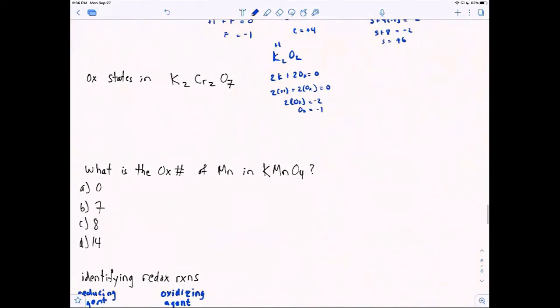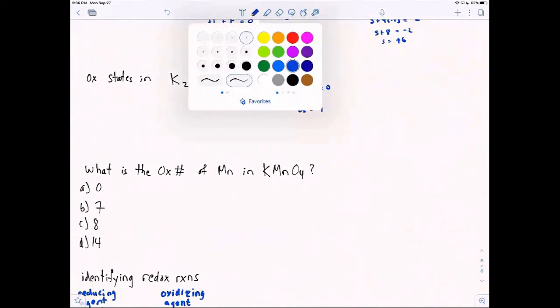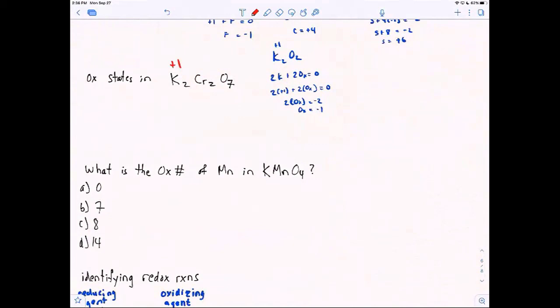All right, so oxidation states in potassium dichromate. So this is a neutral unit, and you can start assigning states here. So potassium, I'll change colors. Potassium is going to be +1, and oxygen tends to be -2. So the hard one is maybe the chromium. So 2 times potassium plus 2 times chromium plus 7 times oxygen is 0.